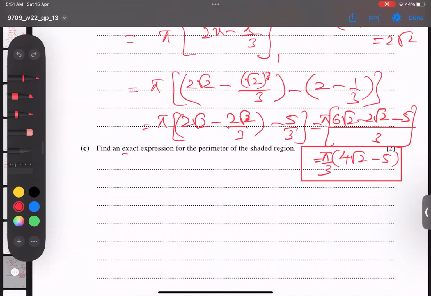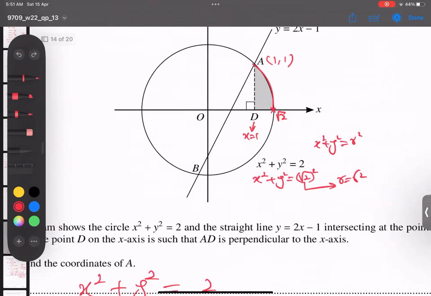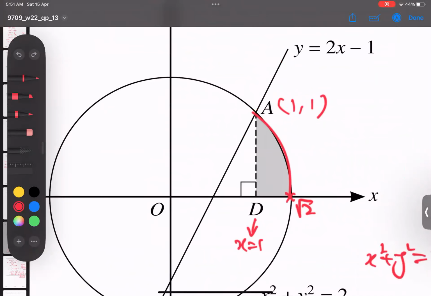He's asking to find the exact perimeter of the shaded region. Again, the perimeter of the shaded region. What parameter, students? I think this is a part of a circle. If I join here, I get a sector, and for a sector, arc length is S equals R theta.